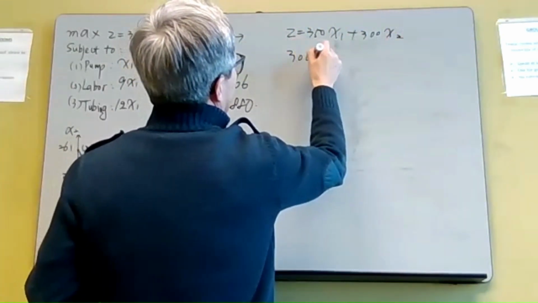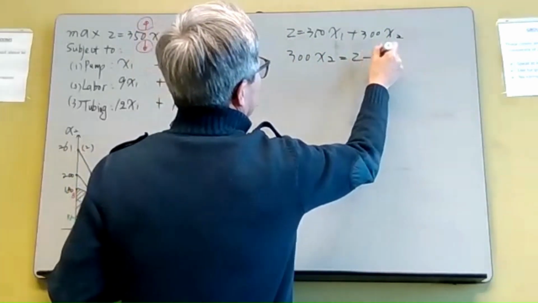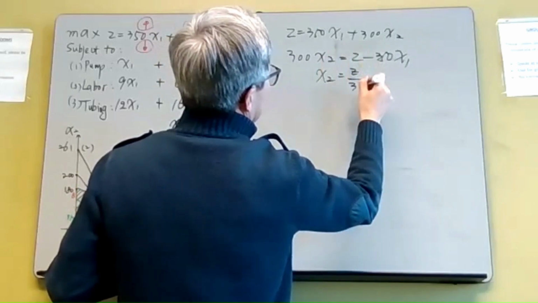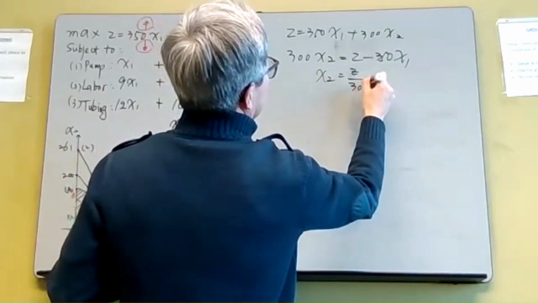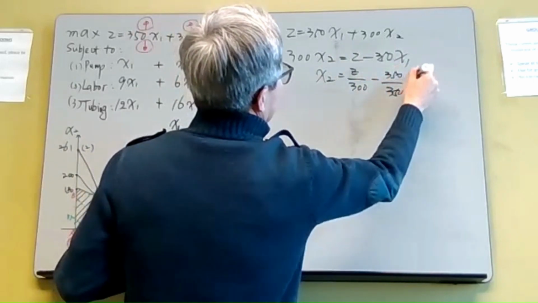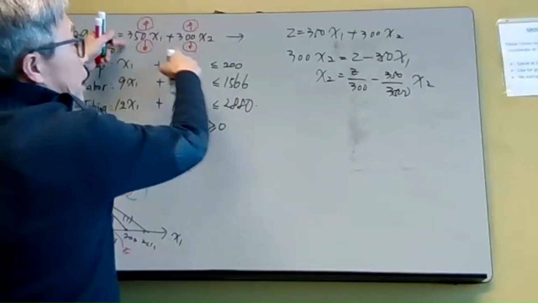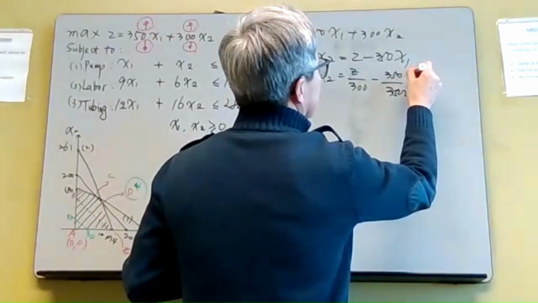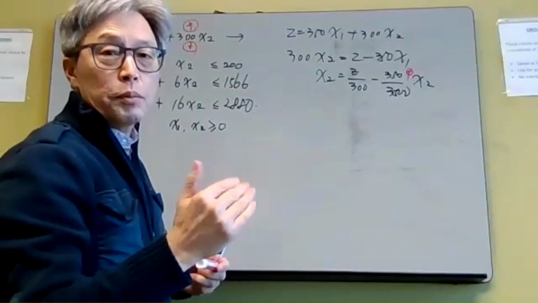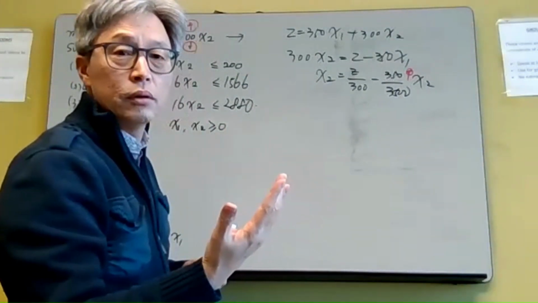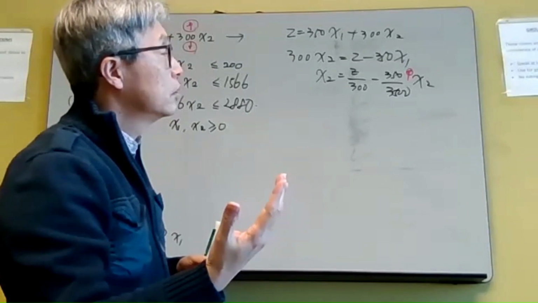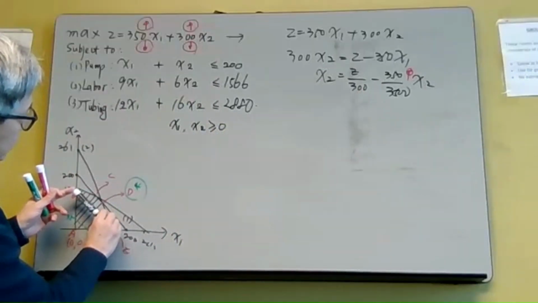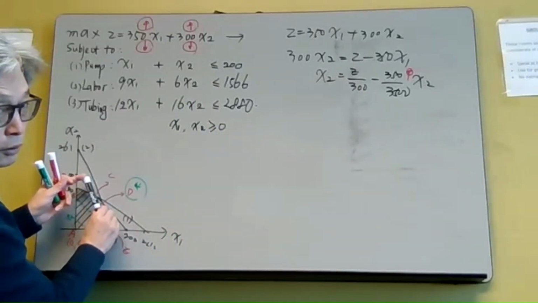Again, Z equals 350 x1 plus 300 x2. We knew that 300 x2 equals Z minus 350 x1, and x2 was Z over 300 minus 350 over 300 x1. Now, X1 price is 350. If we increase this number, will our slope be faster or slower? It's going to be faster, steeper, right?